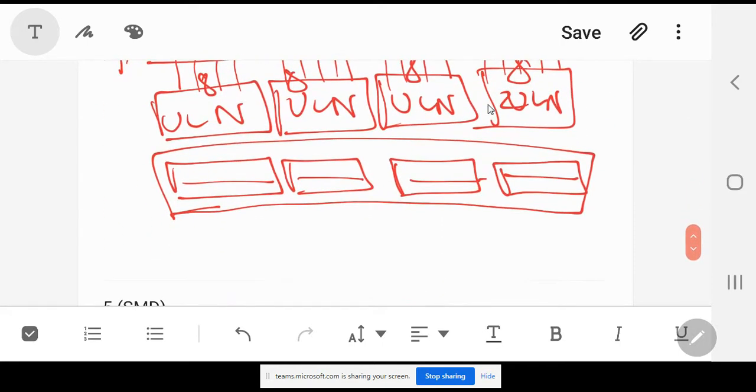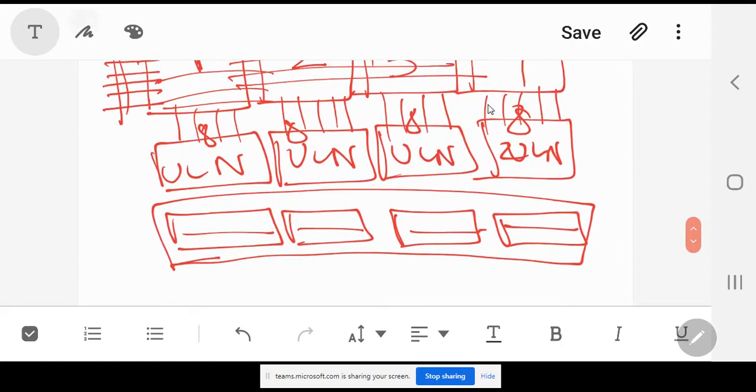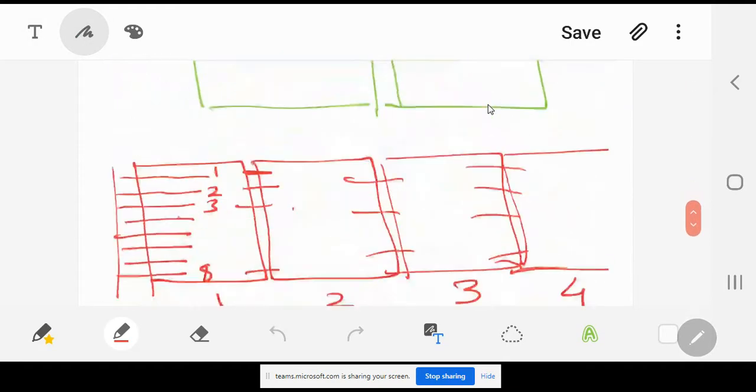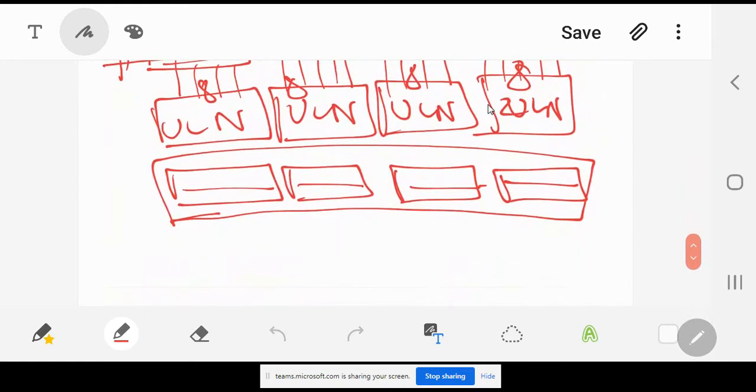What is the usage? Here you have 8 pins, 8 pins here.